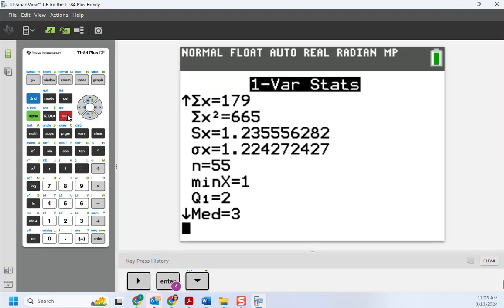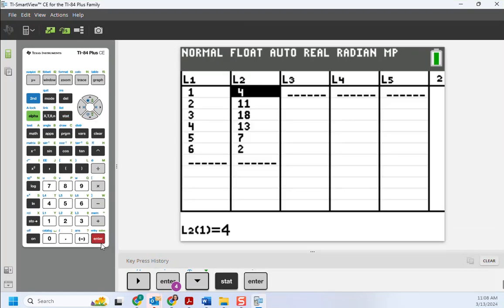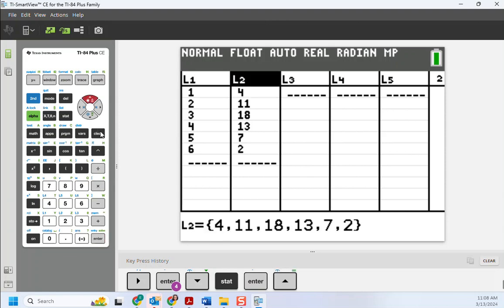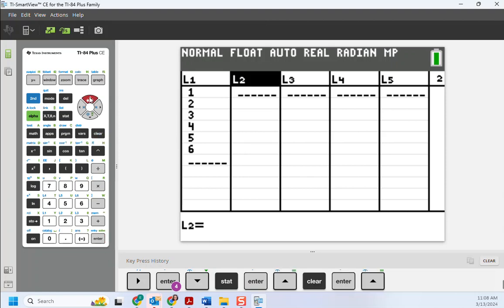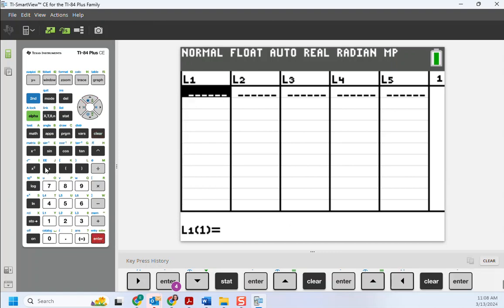So stat, edit your list. I'm going to clear out list 2. I don't need that one. And list 1, I'm going to clear out too. And then I'm going to start entering my numbers. We're doing number 6, guys.